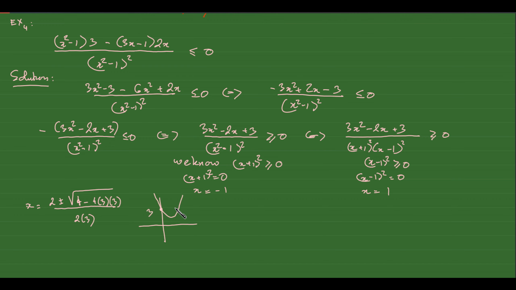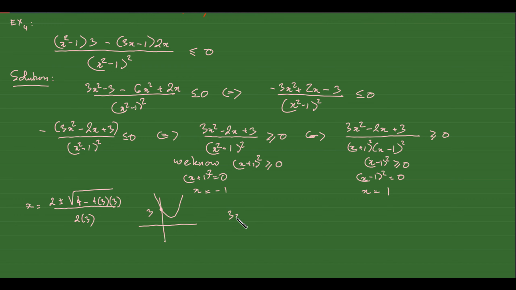See, this quadratic is always greater than 0. So the x over here is the y over here. So it's always above the x-axis. So this is always greater than 0. It cannot even equal 0.